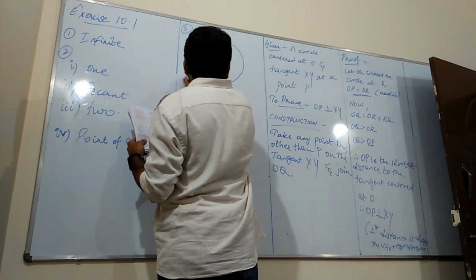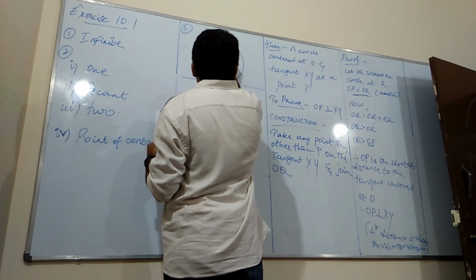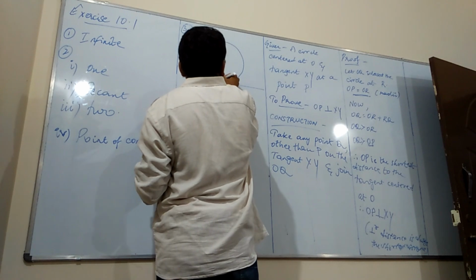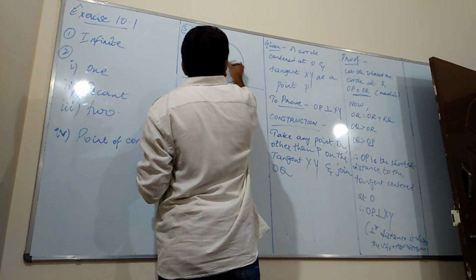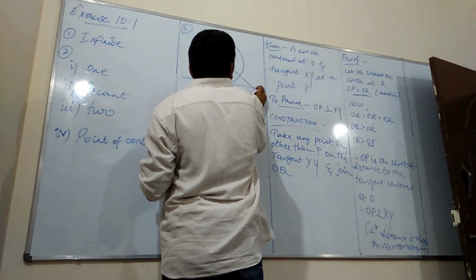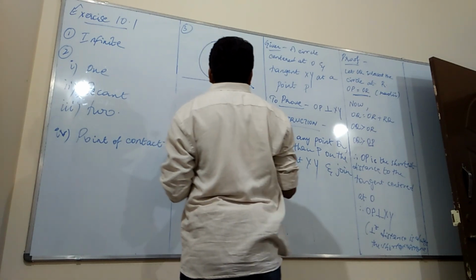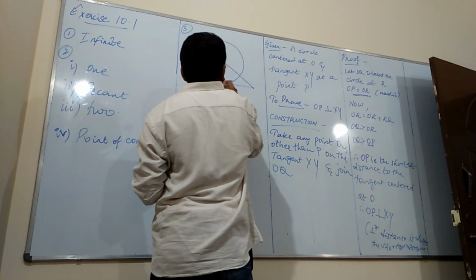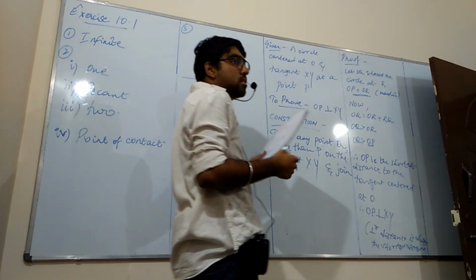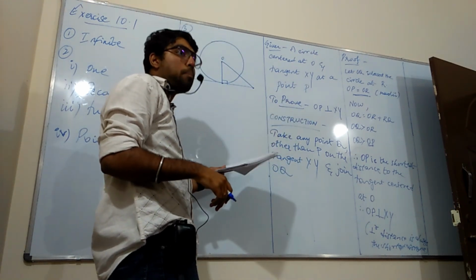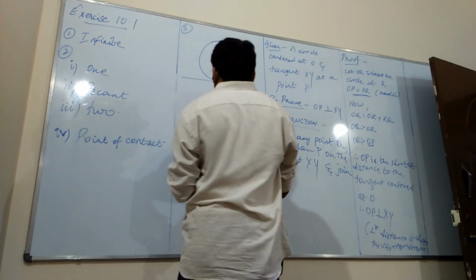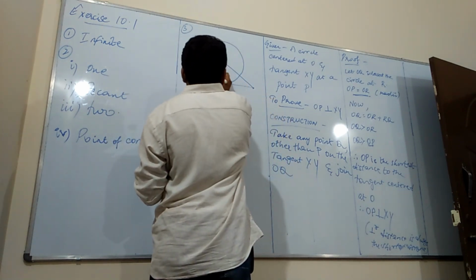Circle, if it doesn't look like a circle, don't worry. It looks like your face, that's it. We know the radius and the tangent at the point of contact are perpendicular, 90 degrees. They have given the radius as 5 centimeters.